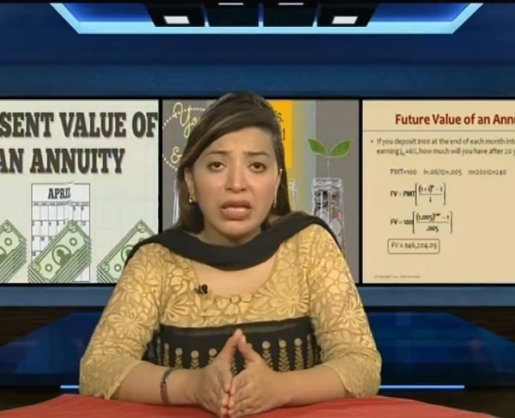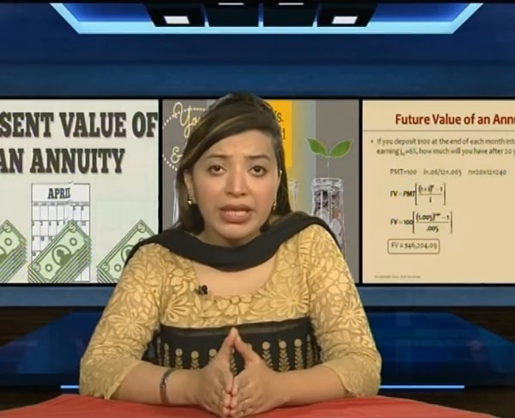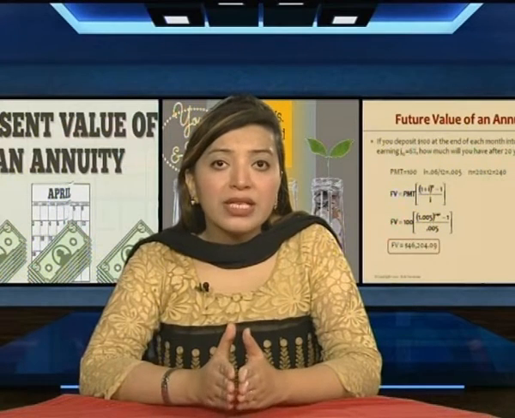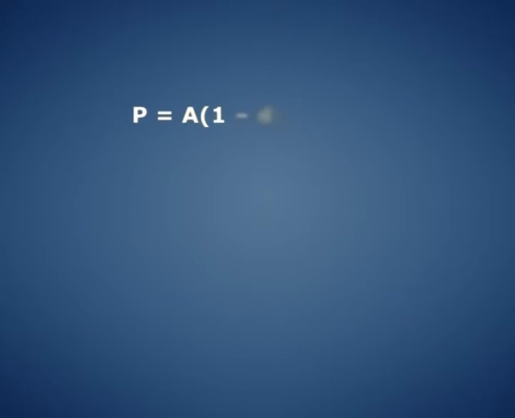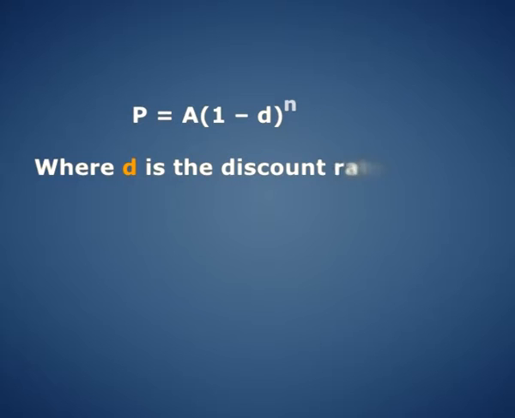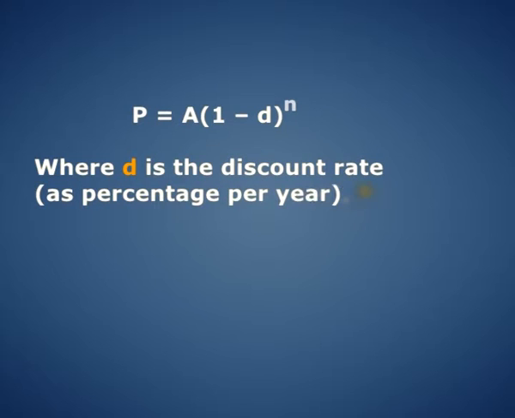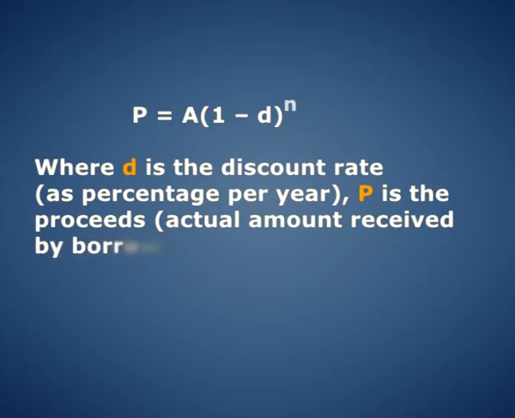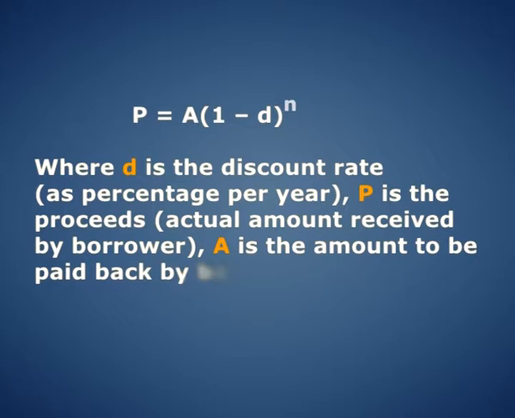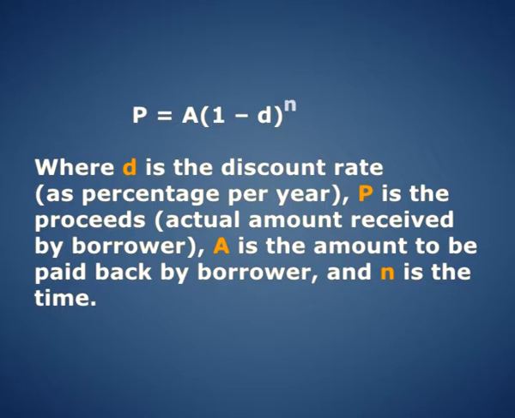The present value of an obligation discounted as bank discount is given by P is equal to A times (1 minus D) to the power N, where D is the discount rate as percentage per year, P is the proceeds, that is actual amount received by the borrower, A is the amount to be paid back by the borrower, and N is the time, we can say.